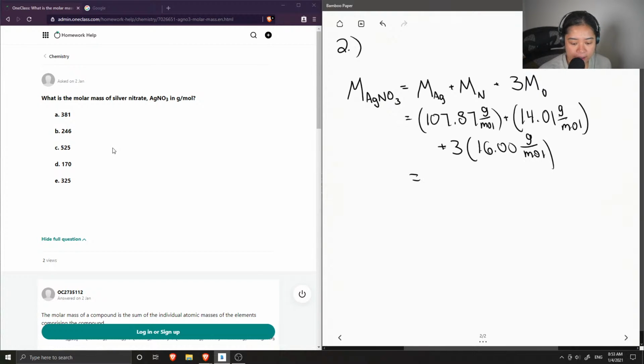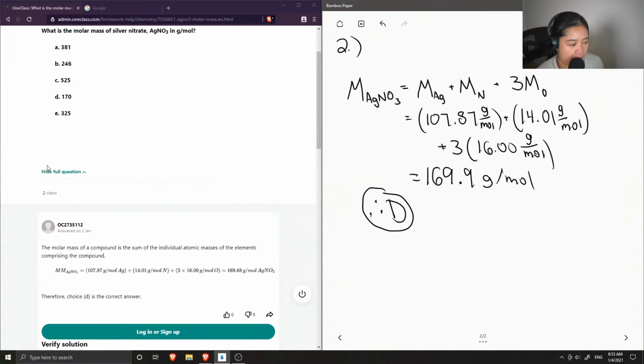Okay, so if we add up all the different values, we end up getting a total molar mass of 169.9 grams per mole. So let's look at all the options. And so this is option D in the question. So 170.